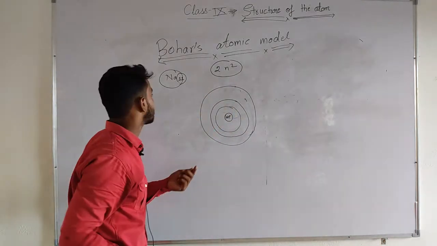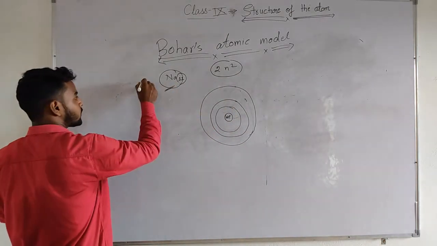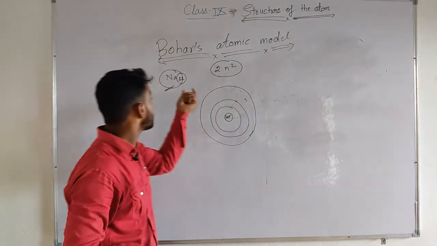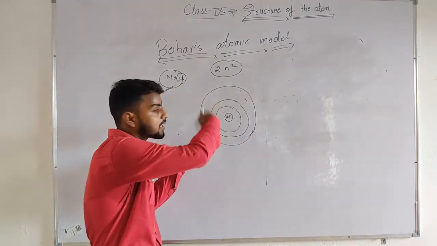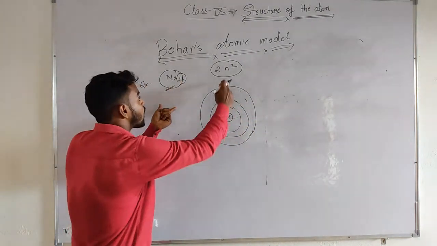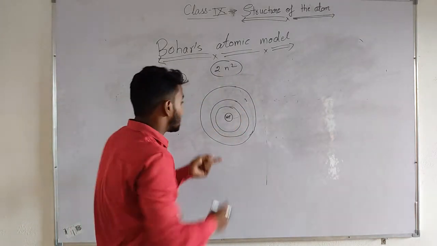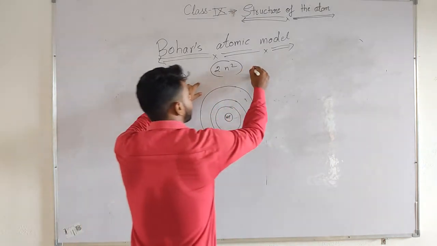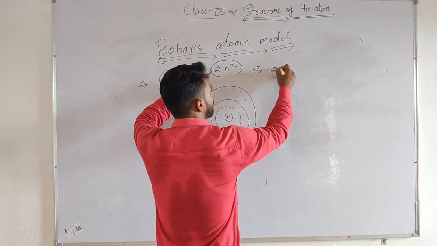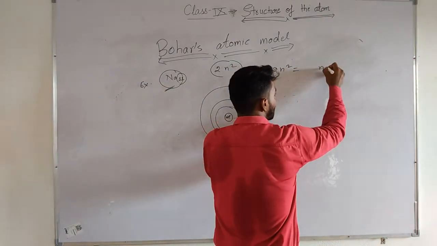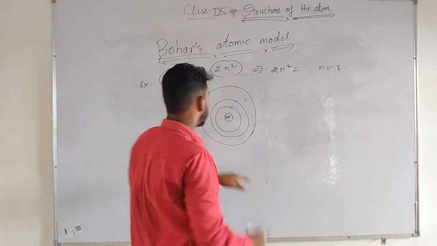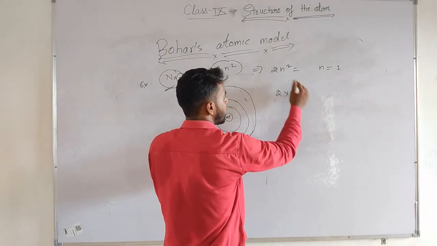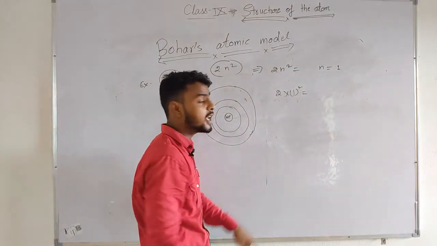Now we are going to take the example of sodium. How many electrons? 11 electrons. That means the 11 electrons will be distributed in their particular shells. First we find how many electrons are filled in the first shell. Using 2n square where n is equal to 1, the square of 1 is 1, and 2 times 1 is 2.